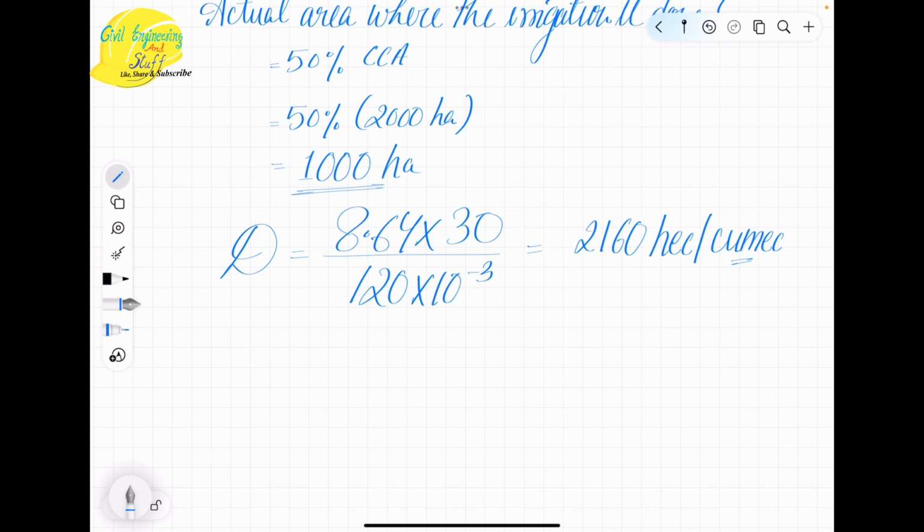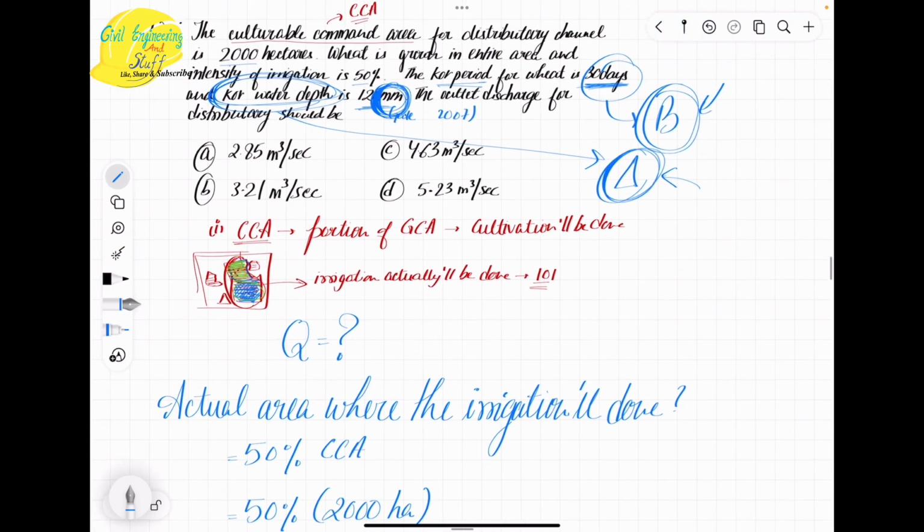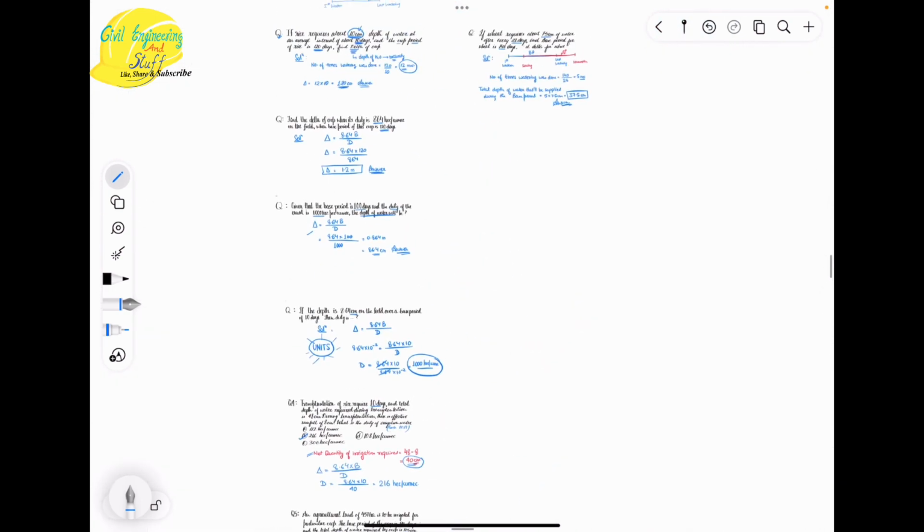So now from here, what you can assess is that this is cumec, the discharge, and this is hectares of land. Looking at the definition of duty, what is the definition of duty?